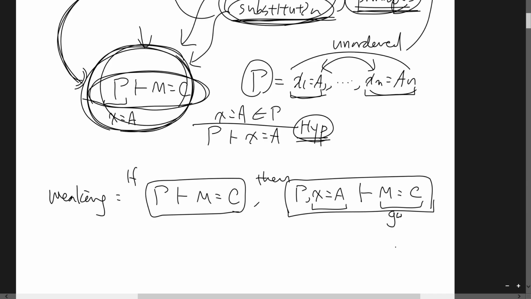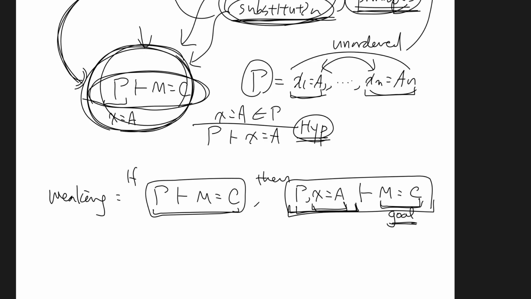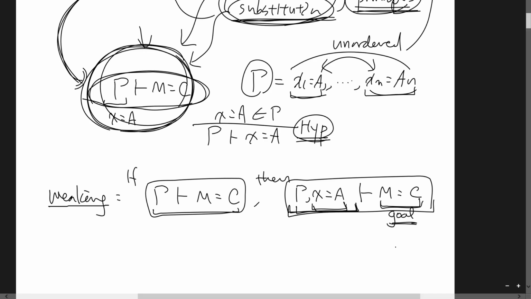You can think of this M : A as the goal, and this is the assumption that you start with. But now you start with more assumptions than previously. So essentially, you are trying to prove an easier problem. So in this sense, this property is called weakening.